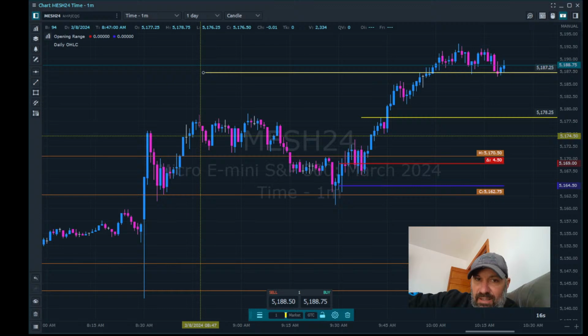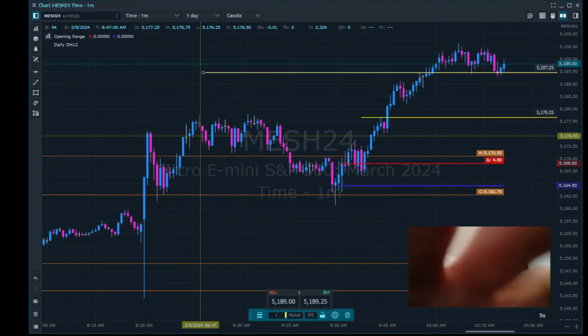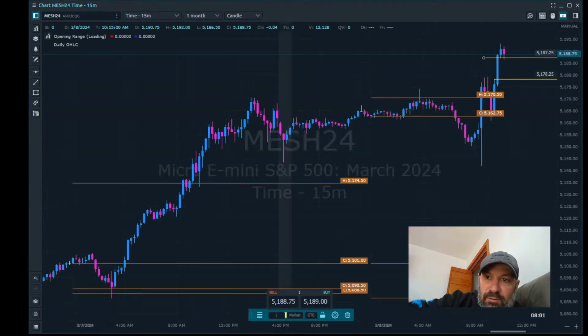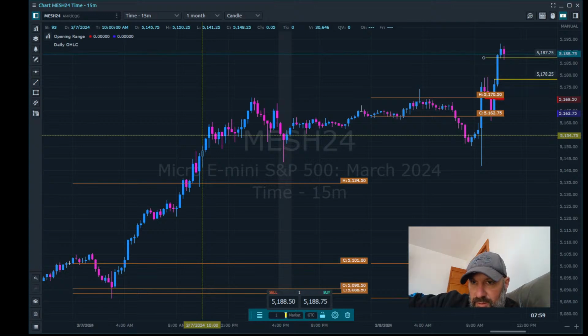But now that that's taken out, I kind of just want to hang out and see how far up this goes again, so then I can reshort, because we know that that 15-minute candle probably is going to extend a little bit further, given that we are about 7 minutes into the candle.